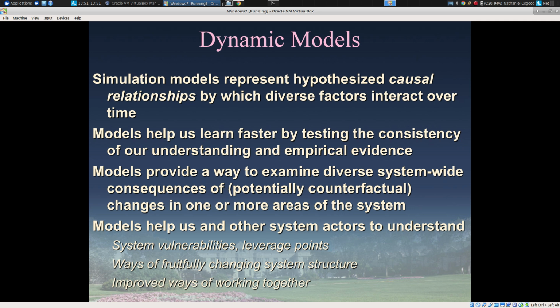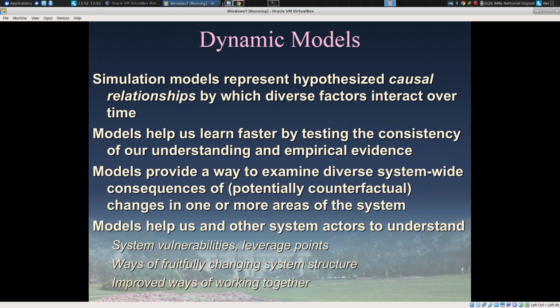And I've argued here many times that these models represent hypothesized causal relationships, these generative pathways by which diverse factors interact over time, and often we have this coupling across the system that leads to entanglement of many different areas of the system that lead to changes in one area rippling through to changes in other areas.